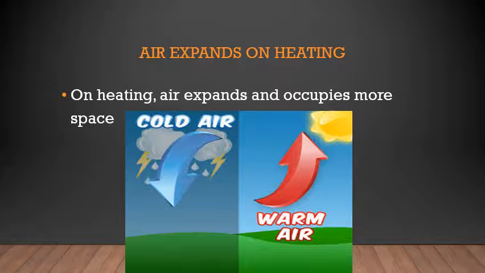In the picture, you can see the warm air, the hot air will go up because it becomes light, and the cold air will come down because it is heavier. Understood? So if you heat the air, the hot air goes upward and the cold air always tries to come downward.